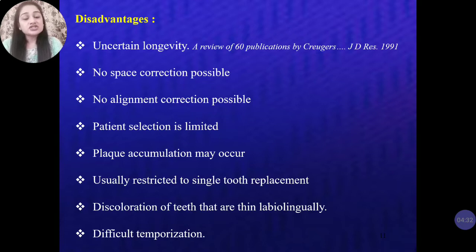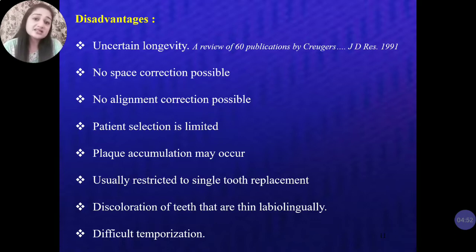Plaque accumulation may occur because the margins of these prostheses are favorable sites for plaque accumulation. It is usually restricted to single tooth replacement. We cannot use resin bonded prostheses for long span bridges.